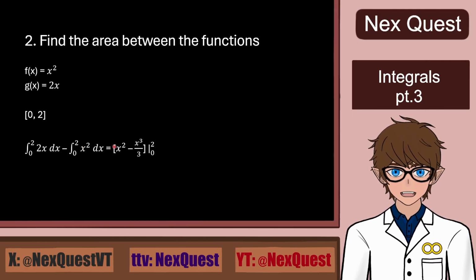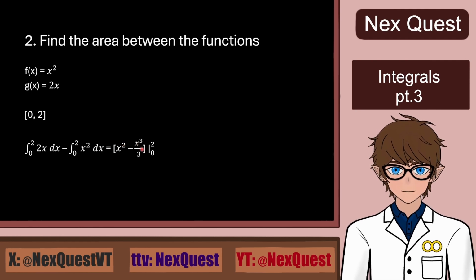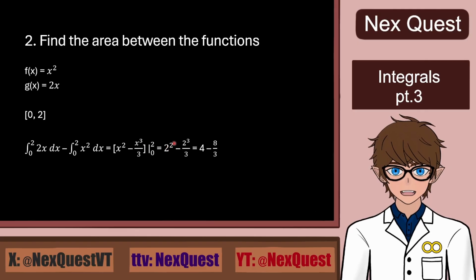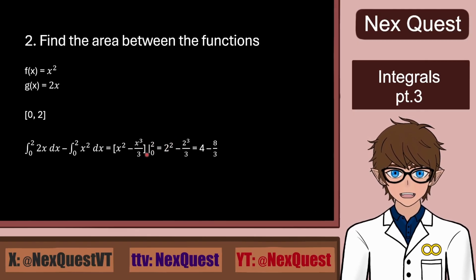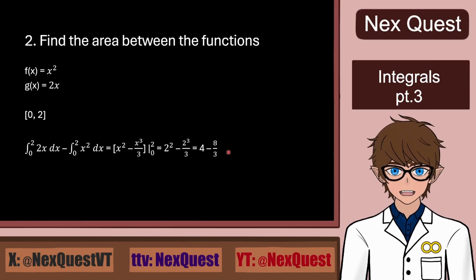We integrate, we get x squared over 2, but since it's 2 times x squared over 2, the 2's cancel out and it's just x squared. And then we subtract x cubed over 3. And then between the 0 and 2 limits, we insert only the 2's because if we insert zeros, nothing changes. We saw that before. So it's 4 minus 8/3.